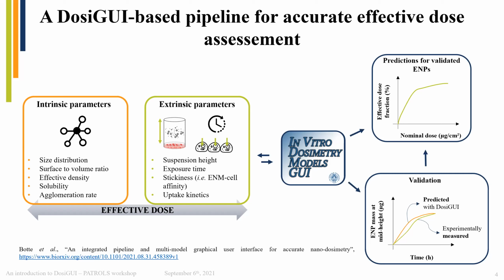These predictions can be extended to any other exposure scenario involving the validated nanoparticle, and then related to their corresponding biological effects induced by the exposure to such nanoparticles to the specific dose determined with DosiGUI, for building dose response curves as accurate as possible.